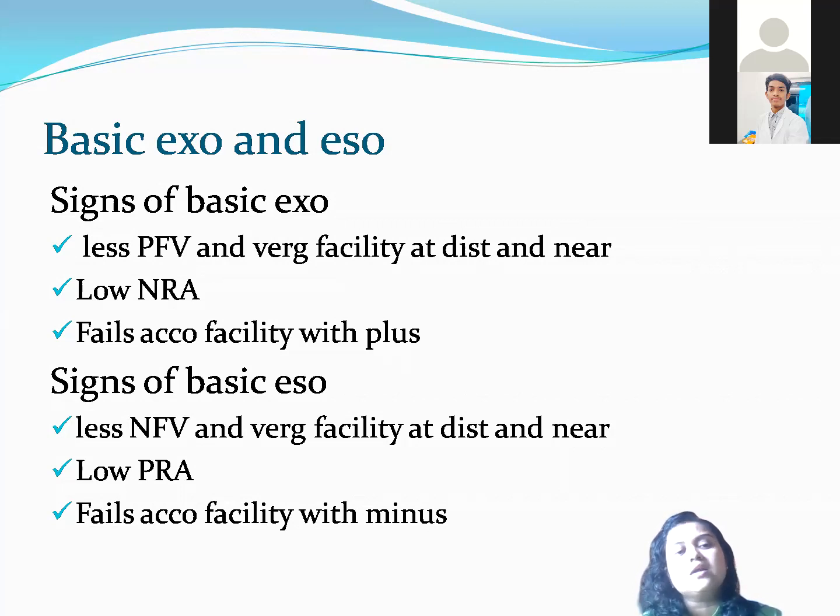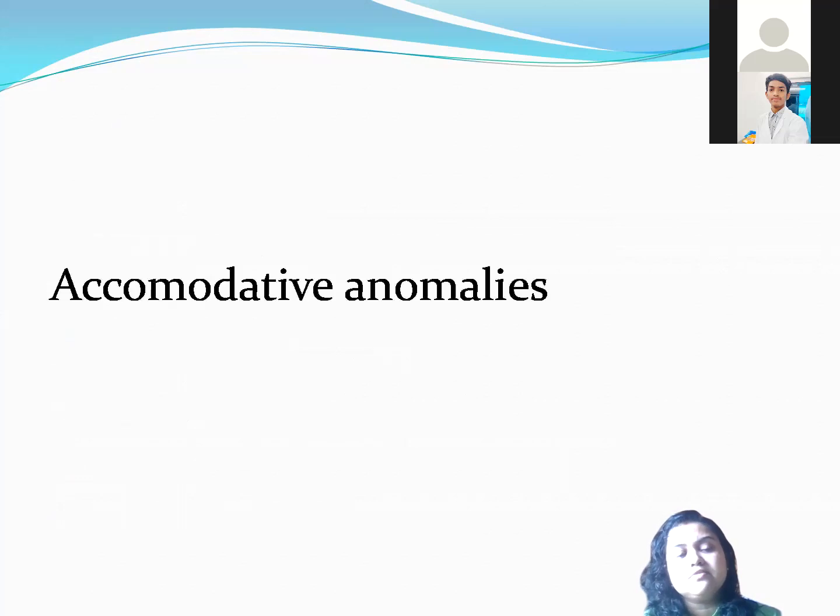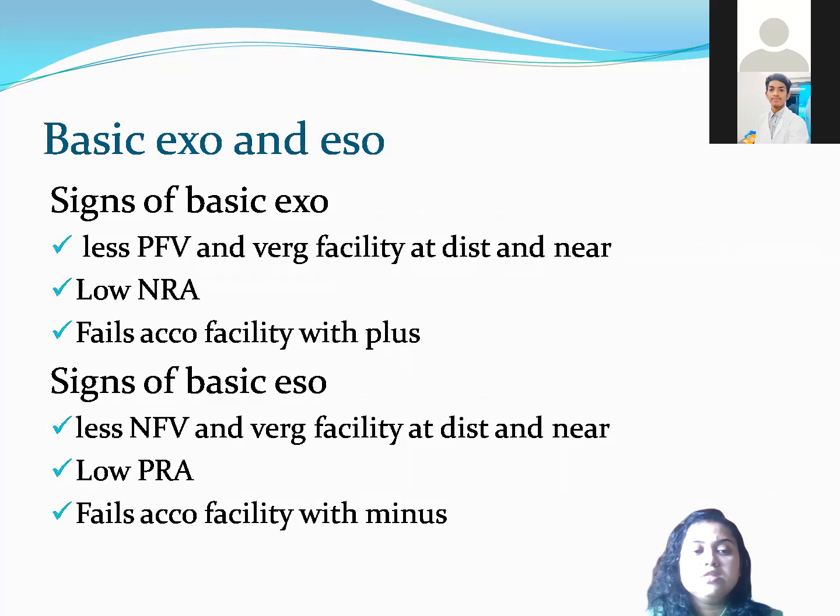Because it is like a concomitant squint actually. In concomitant squint, you know that the amount of tropia is the same in all the gazes, right? So it is similar to that. So in basic exophoria the amount of exophoria is the same for both distance and near, and in esophoria the amount of esophoria is the same for both distance and near.